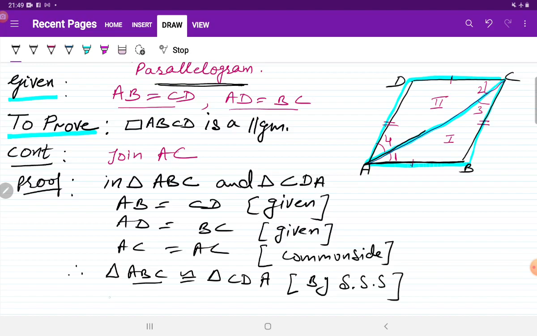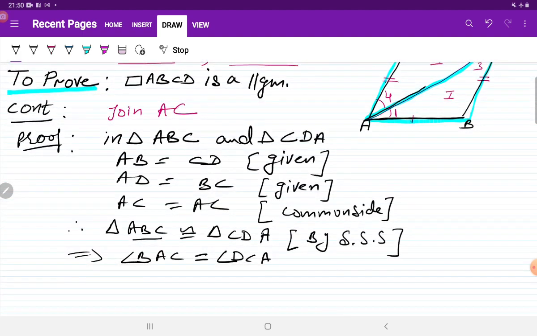So therefore we can say that this implies angle BAC will be equal to angle DCA. Angle DCA. Which type of angles are these? These are alternate interior angles.